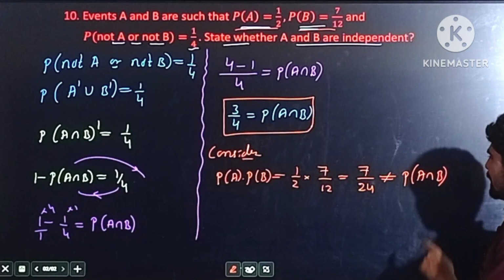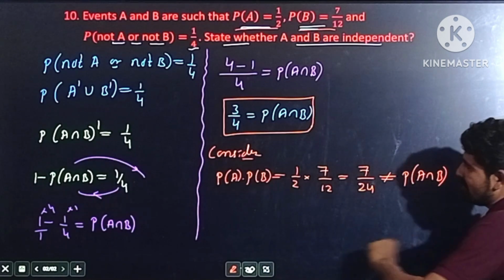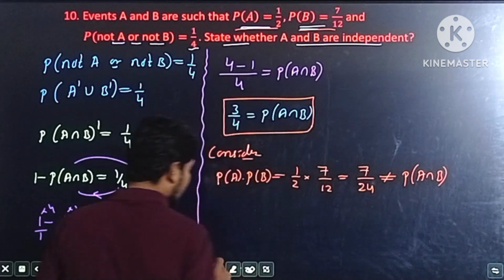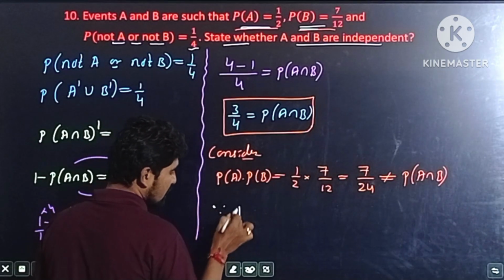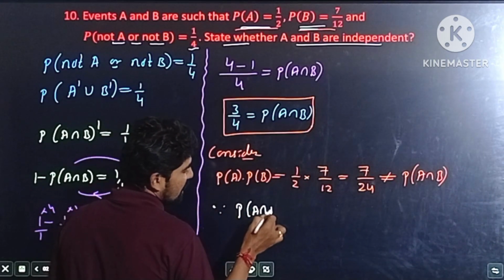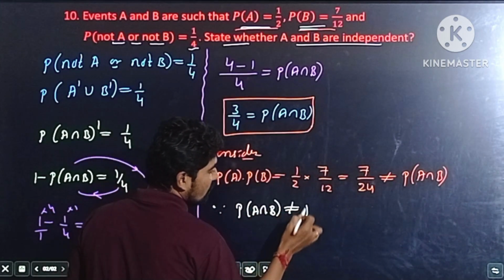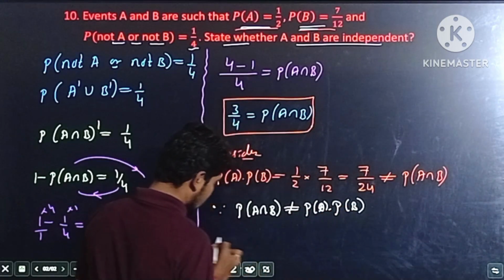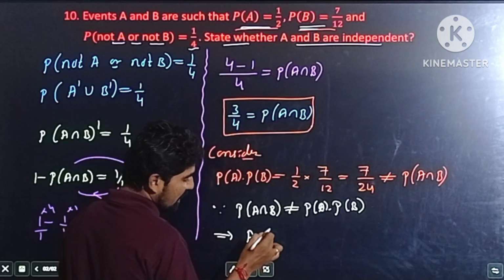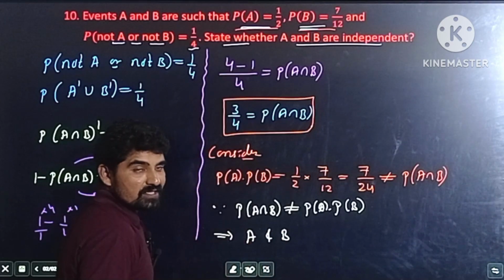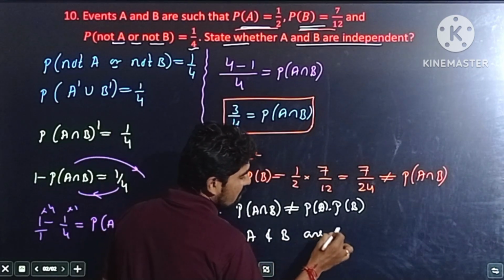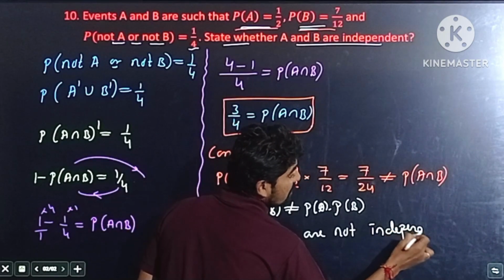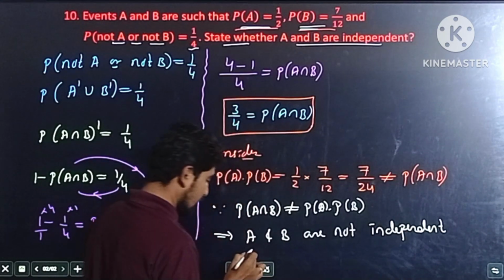So finally we got probability of A intersection B is not equal to probability of A into probability of B. Since they are not equal, it implies that the given two events A and B are not independent events.